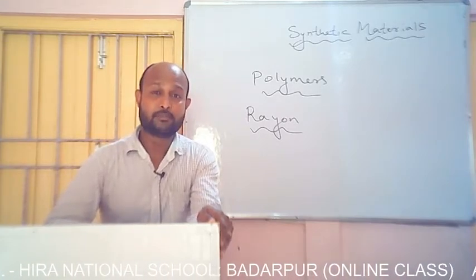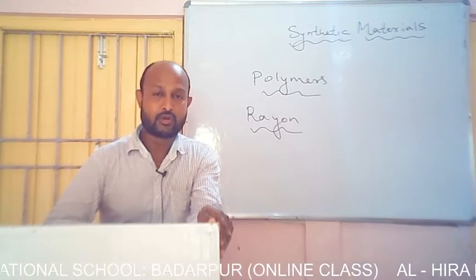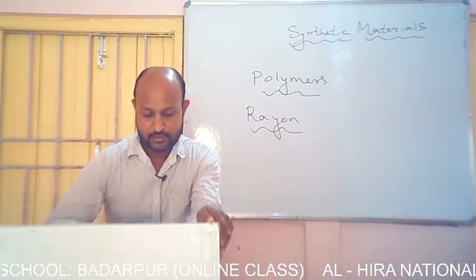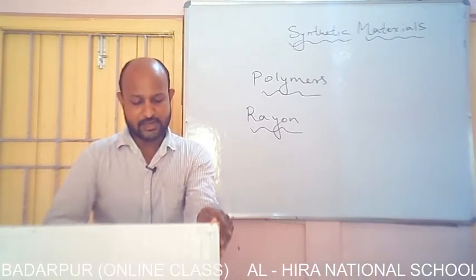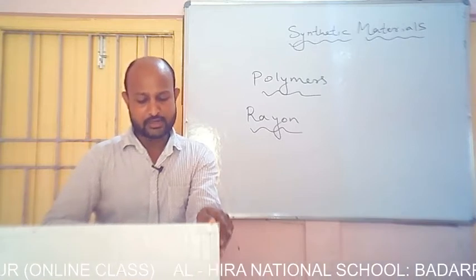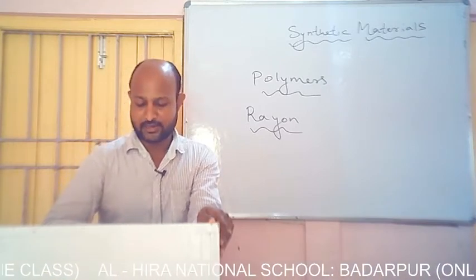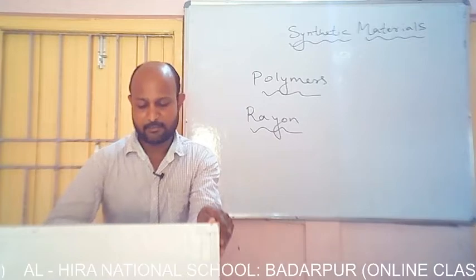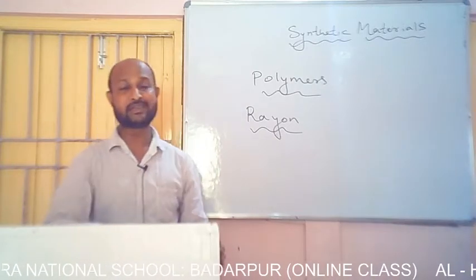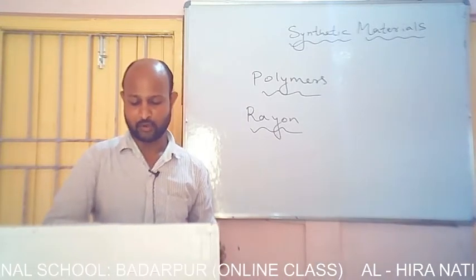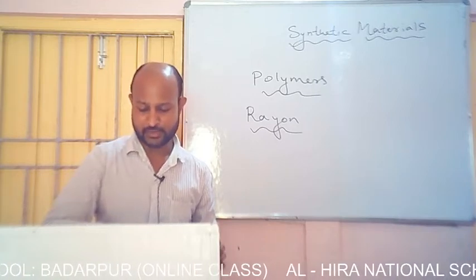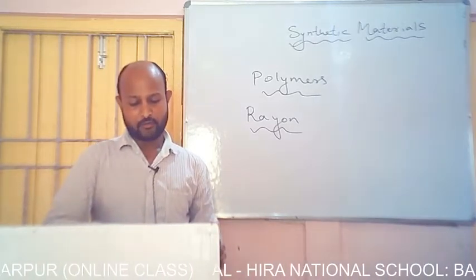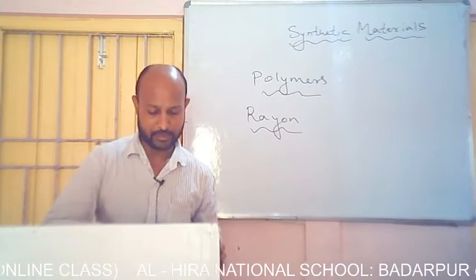Secondly, we have these polyamides, which are commonly known as nylon. Nylon 6 and nylon 6,6 are the most important fibers of this class. Nylon 6 is made of an organic compound which contains 6 carbon atoms, while nylon 6,6 is made of a more complicated monomer.